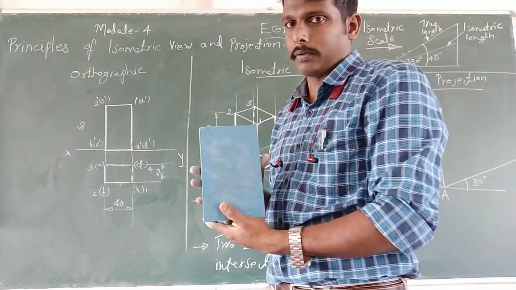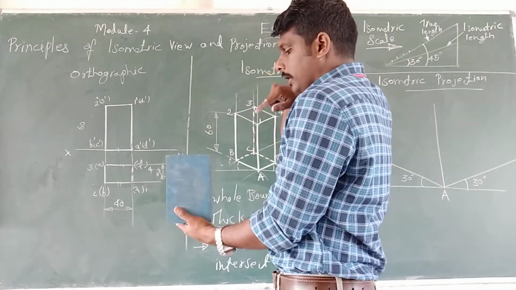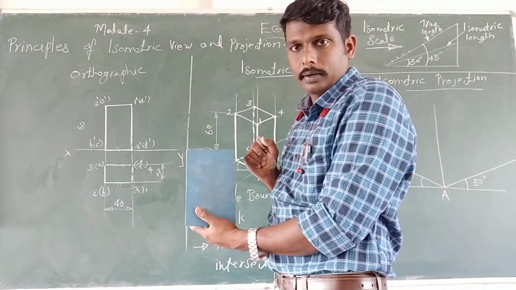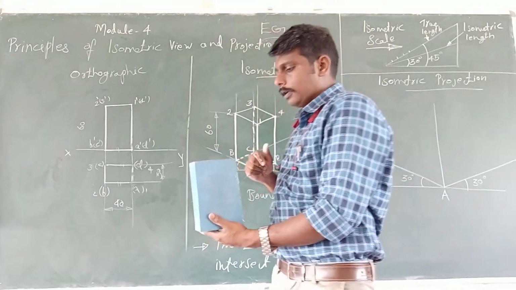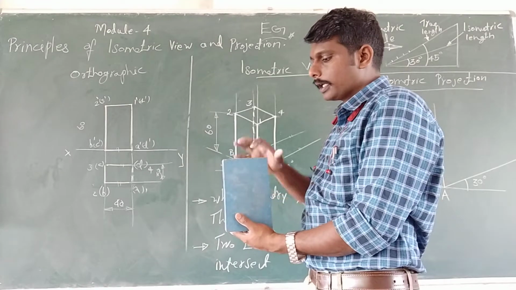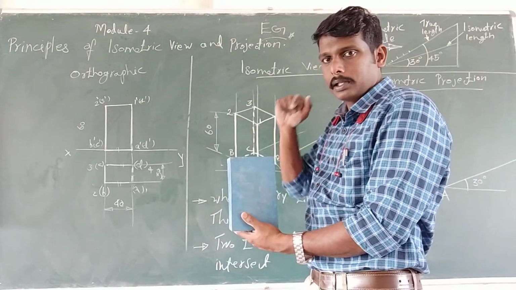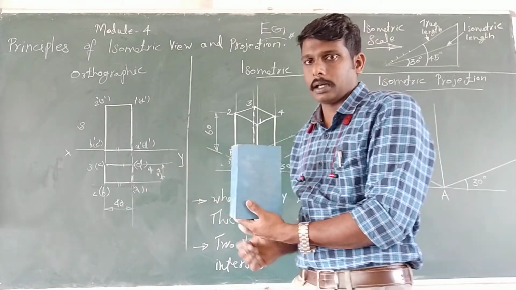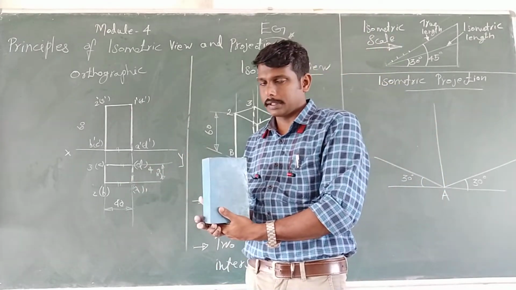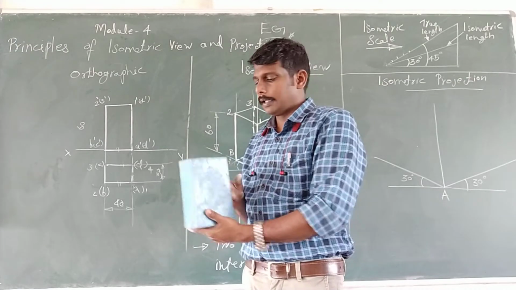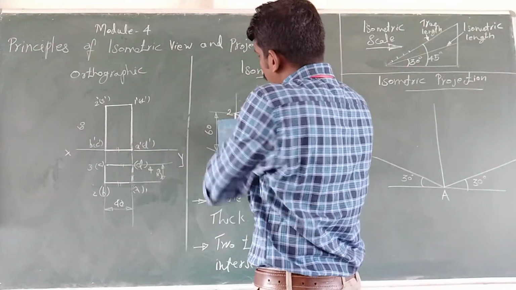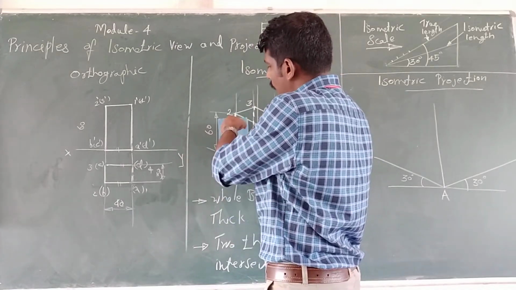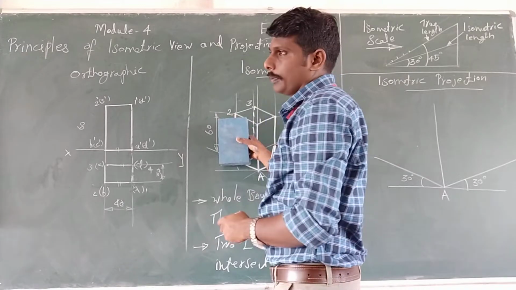But in isometric view, we are taking the projection perpendicular to the solid diagonal. Then no line is parallel to my view or the plane we are projecting the isometric view on. Is it clear? See, I got the front view only when I am looking at the object perpendicular to VP and all the lines are parallel to VP.